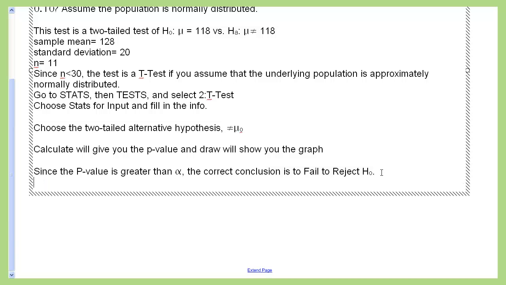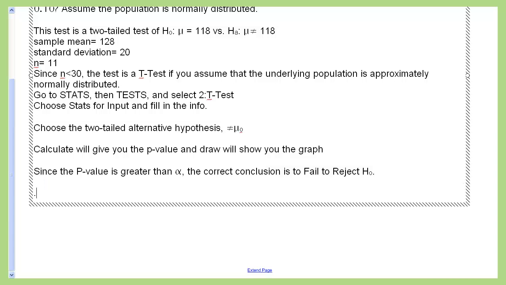I'm going to say 0.128 is greater than 0.10. So that's greater than, and whenever it's greater than, you fail to reject your null hypothesis.